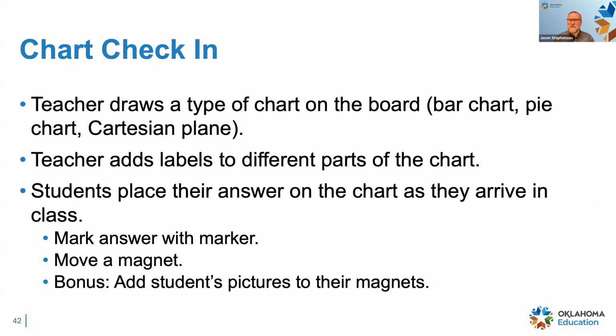One teacher who did this even made little magnets with students' faces on them. Now I can imagine those becoming stolen quite quickly or destroyed quite quickly. But the example that I saw, and I'm sorry I don't have it in the slideshow, it was a vocabulary check-in, and it was like, how are you feeling today? And it was the Cartesian plane, XY axis. So there were 4 different vocabulary words and a positive and negative on the X and Y axis.